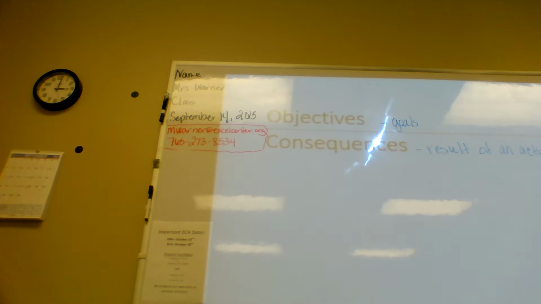Oftentimes we think of consequences in a negative way. But consequences are just the result. So if I open the door, it gets cooler in here. That's the consequence of opening the door. Well, keep it open. I felt the consequences. I'm so loud though. So to enhance our understanding of this word, we can also use an example.